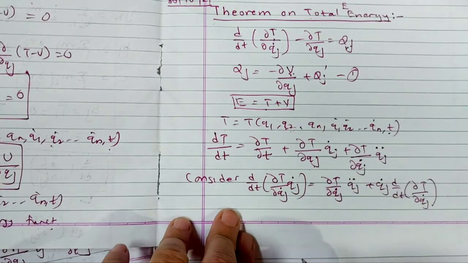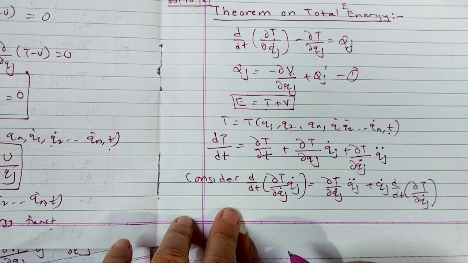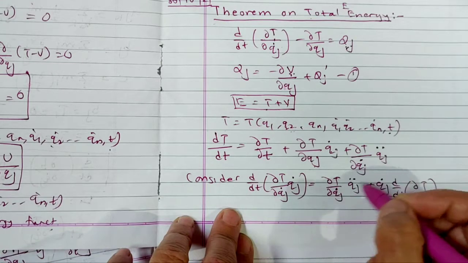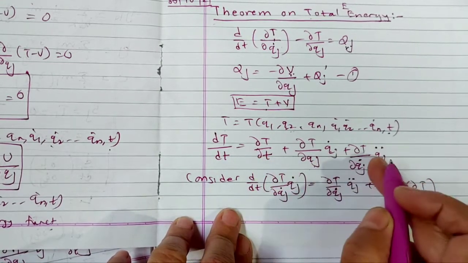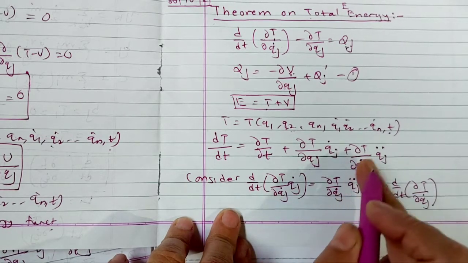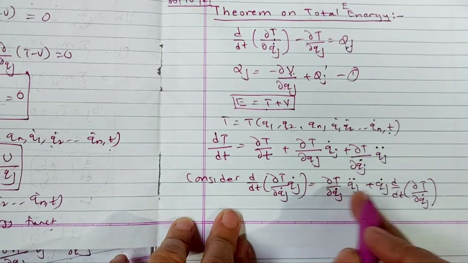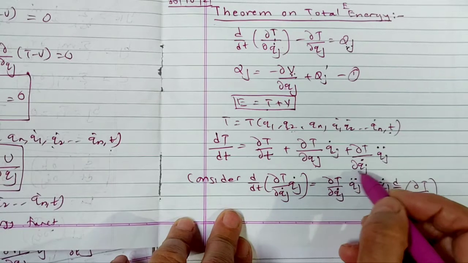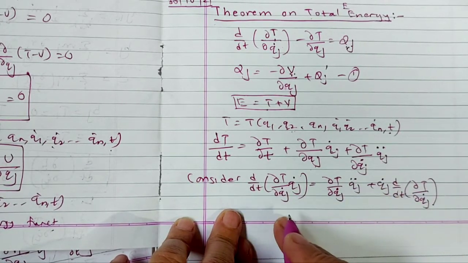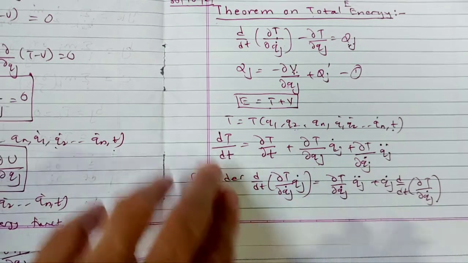Now my job is to substitute the value for the term ∂T/∂qj dot times qj double dot. I got this term by differentiation, so I'll replace this term by this minus this.